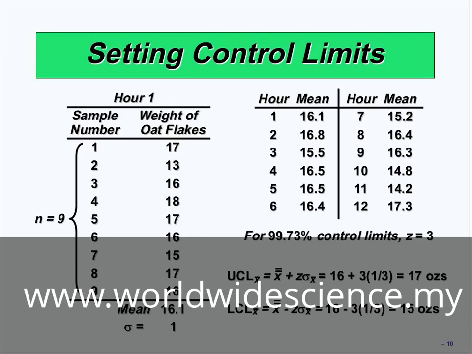Yes, very good. Range is the difference between maximum and minimum in each sampling. For example, in hour 1, the range was 5. For hour 2, hour 3, hour 4, each hour should be calculated separately. Range means the difference between the upper number and the lower number in each sampling.